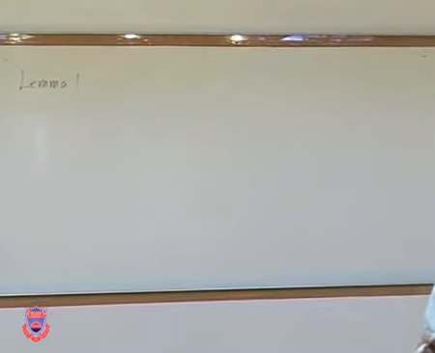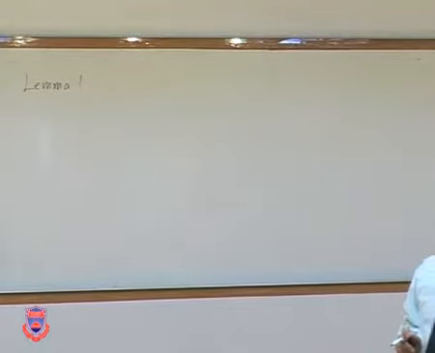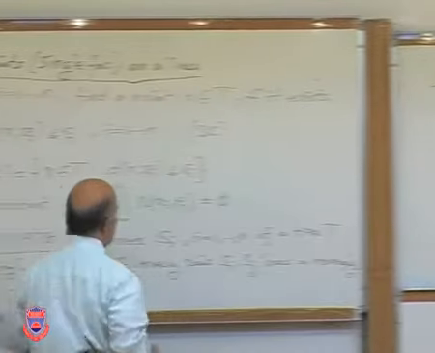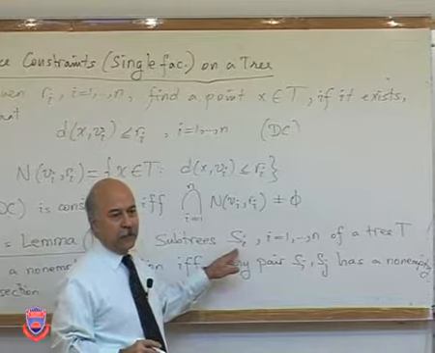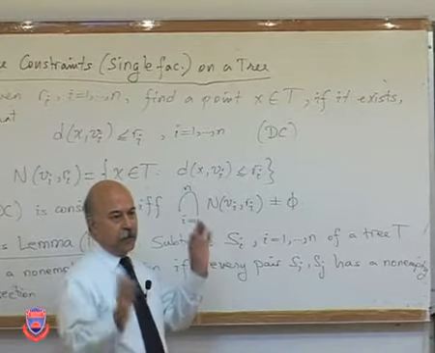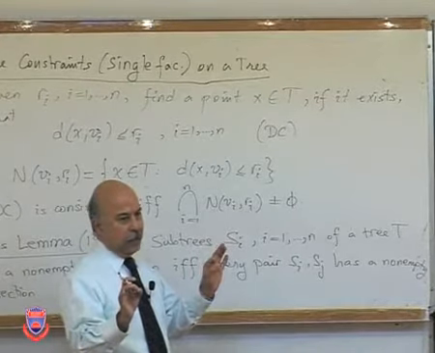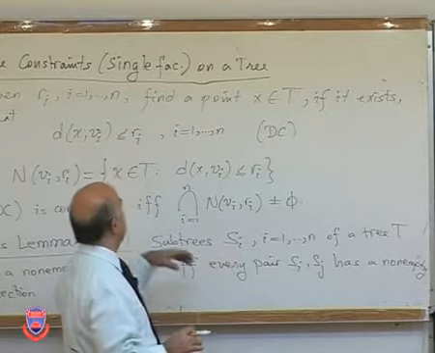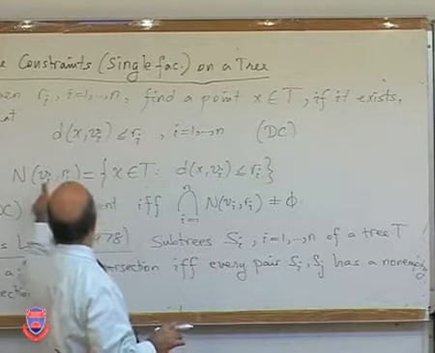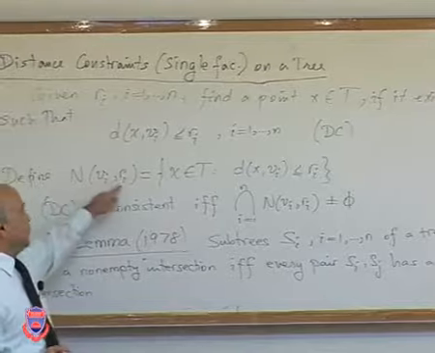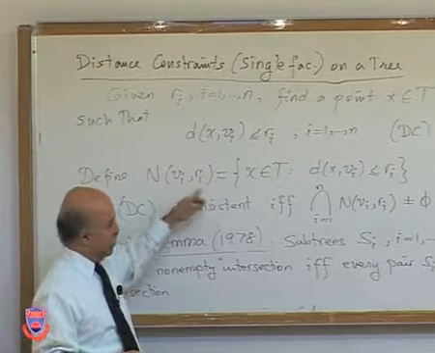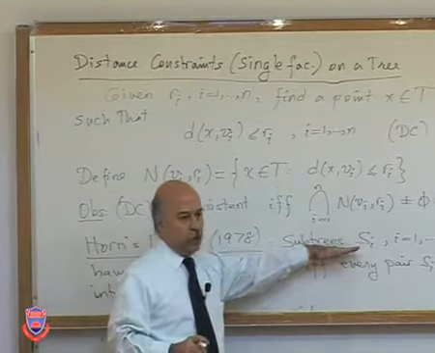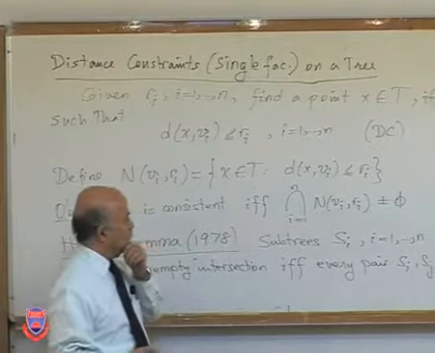Sure, yes. Are all the subtrees neighborhoods? Not necessarily. No, the proof was valid for subtrees, but subtrees are connected. They don't have to be neighborhoods. They don't have to be defined by centers and radii. So the property holds for any kinds of subtrees.